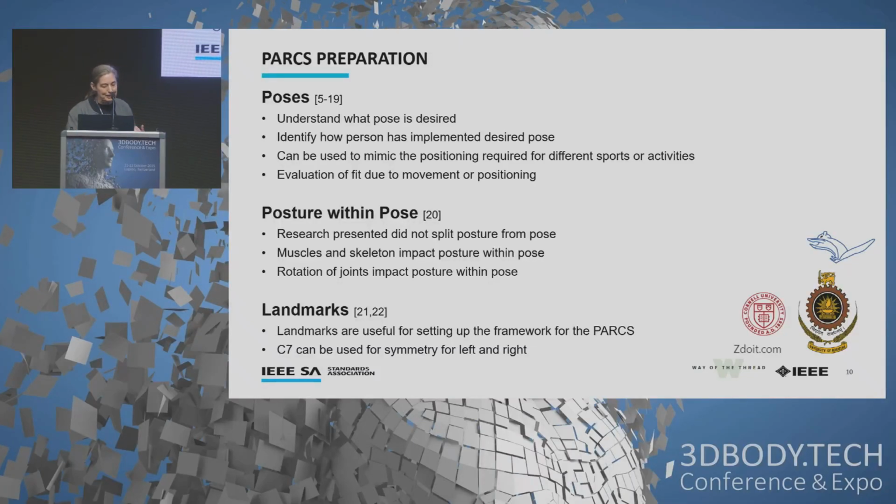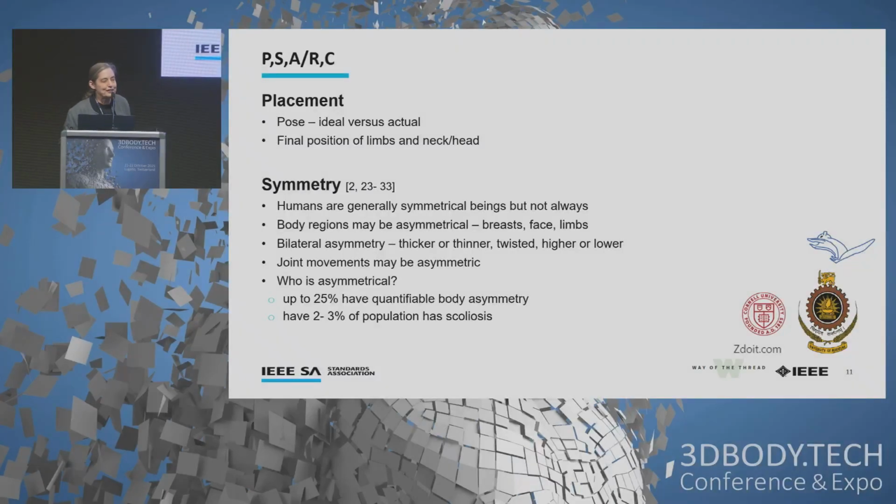And the landmarks can be utilized to set up the framework, and then placement, like I said, you had the ideal versus the actual. So symmetry has been researched quite a bit. People are generally symmetrical beings, but not always.